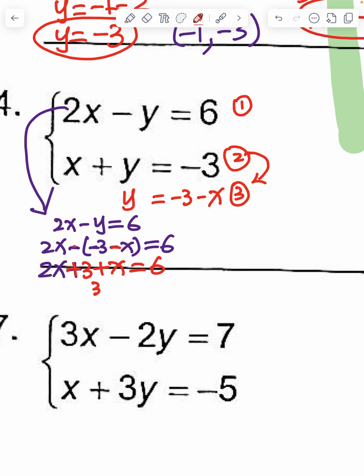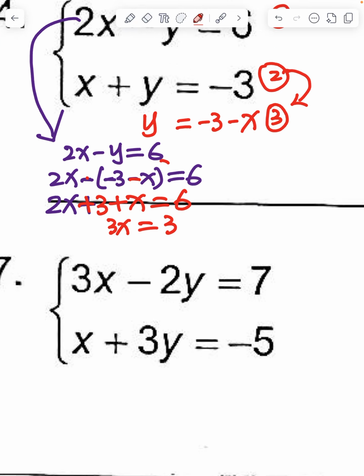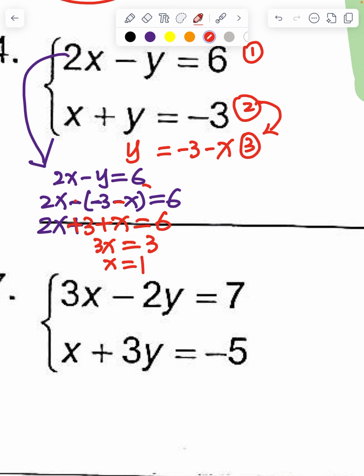So 3x equal to, we are going to move this 3 to the right, move away, become minus 3. So 6 minus 3, that's also 3. So 3 times x equal to 3, so x must equal 1. Yeah, so we solved x.